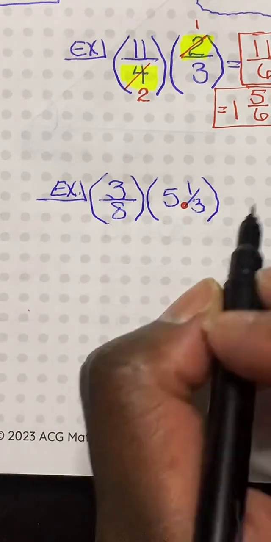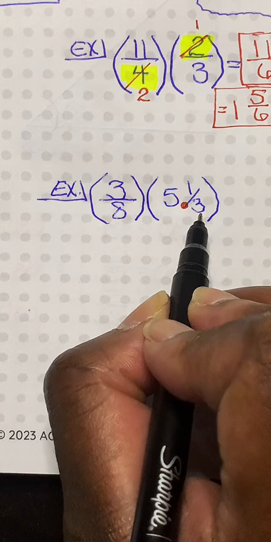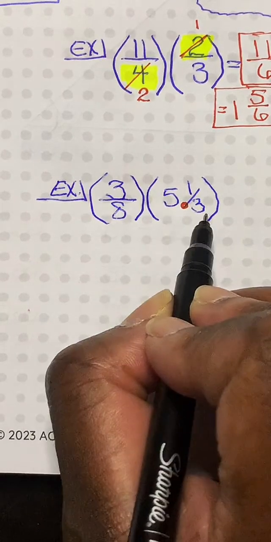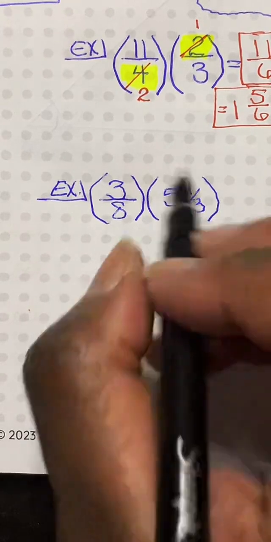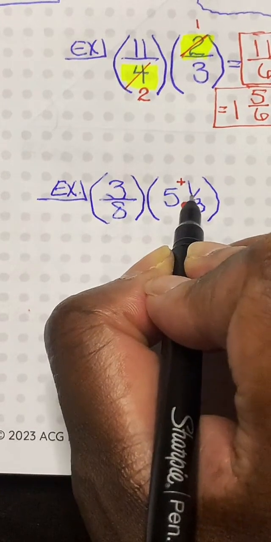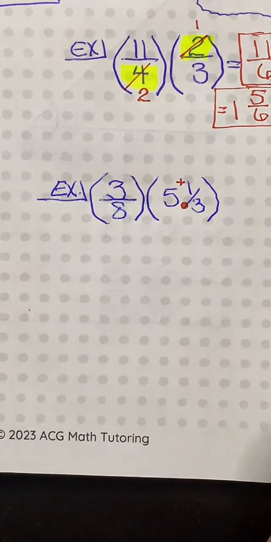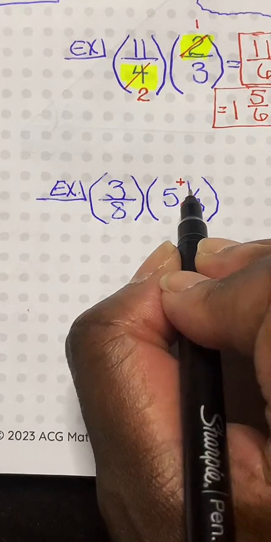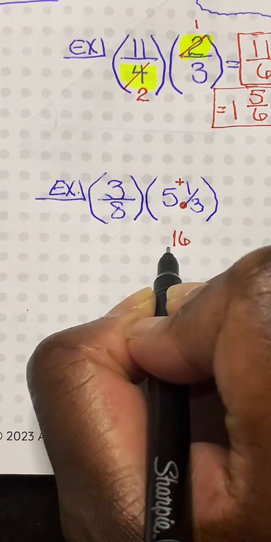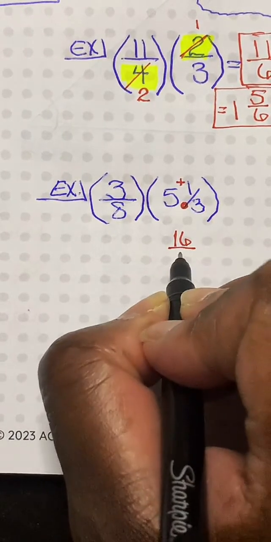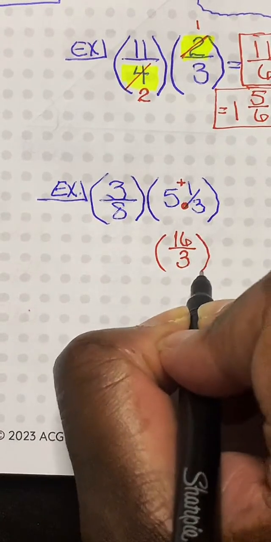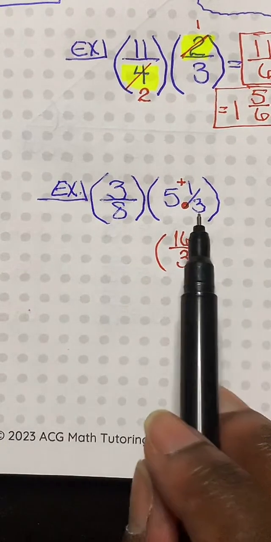I'm using the dot because I don't want to use the x. You're going to get an answer, which is 15. You're going to take that answer of 15 and add it to the numerator, which is 1. So 15 plus 1 will give us 16. But the denominator stays the same. It's still a 3.